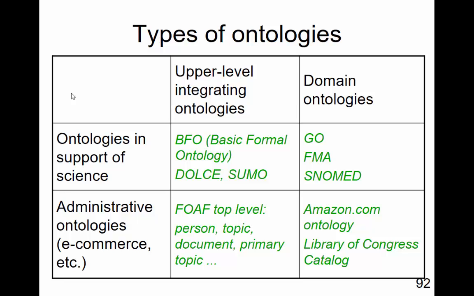And as I say, virtually every scientific activity will involve at least something here, and therefore also something here, because every one of these is going to have some upper level, and also something down here.